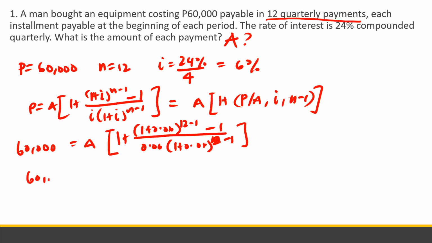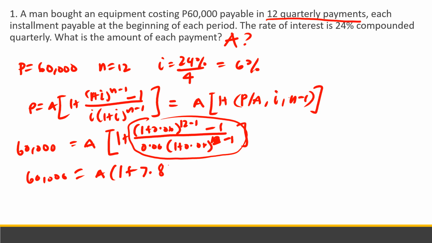So 60,000 equals A. So if you were to simplify this, magiging 1 plus, so simplify natin this part ng equation, magiging 7.8868.